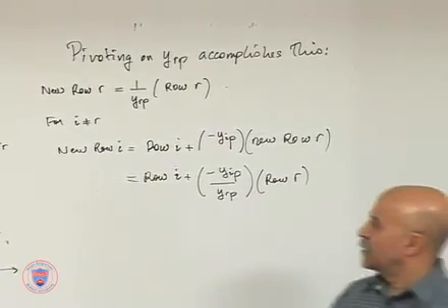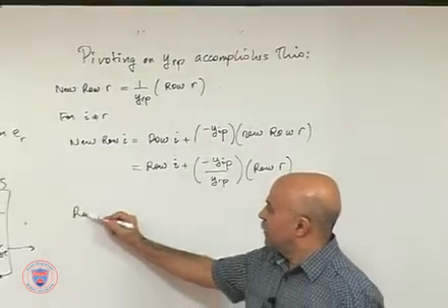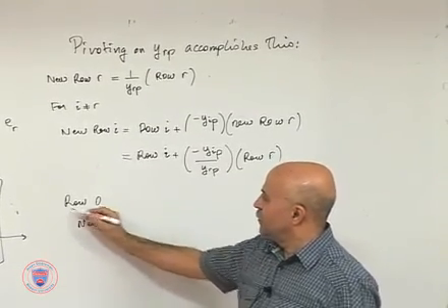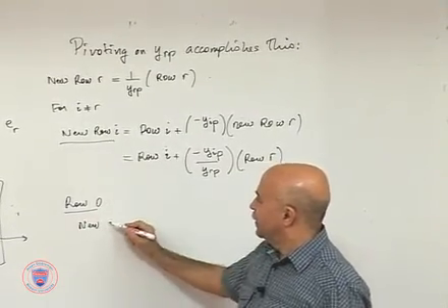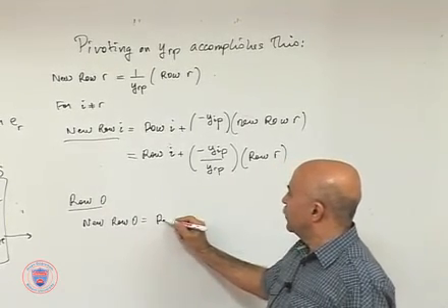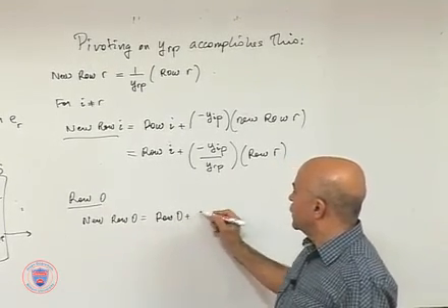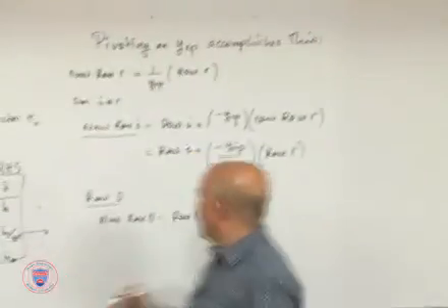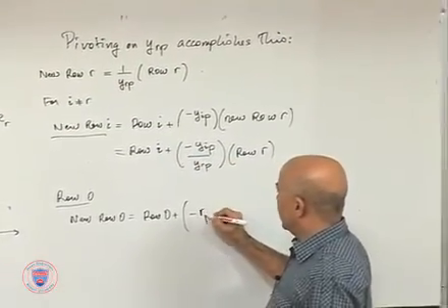Okay? There's only one other thing that's left, row 0. So the new row 0 is equal to old row 0 plus, in that case, of course, you want to have minus RP. Minus RP.